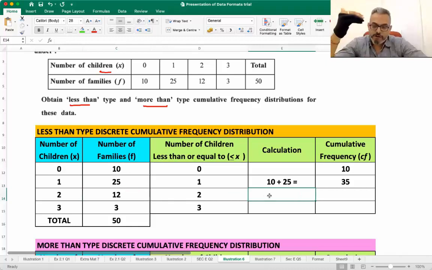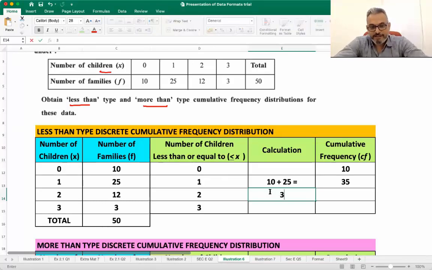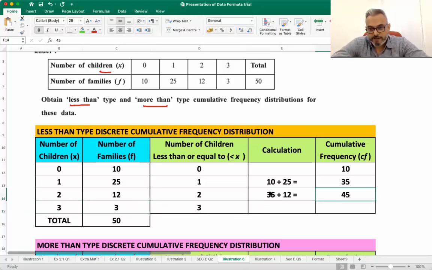In the textbook it is given, but I suggest you go for directly 10 plus 25. तो था ही तुम्हारे पास, so directly 35 plus 12 कर दो, which is equal to 47, and then less than equal to 3 is this 47 plus this 3.